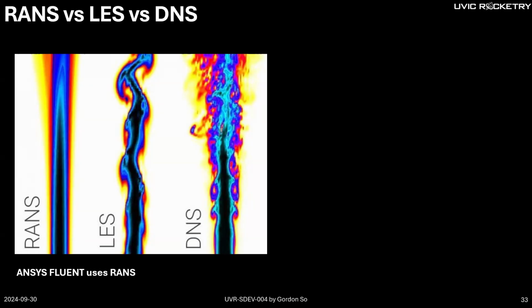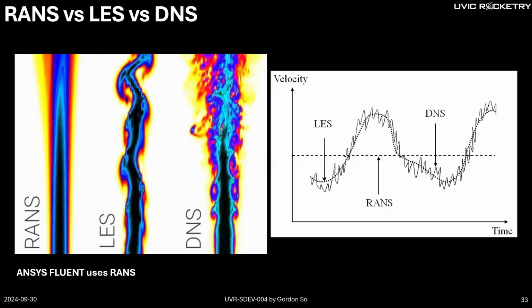And then LES gives you some turbulence, but only the big eddies. And DNS gives you basically everything. It looks more realistic, like in real life. So this is a very distinct difference. And in terms of the actual velocity profile, this is a good picture to summarize everything.